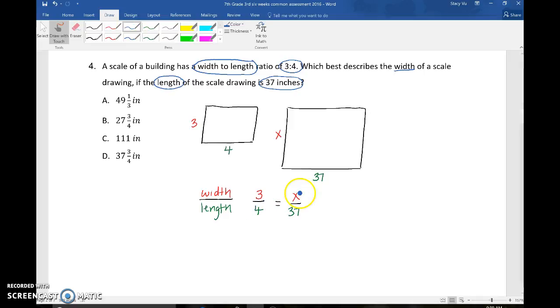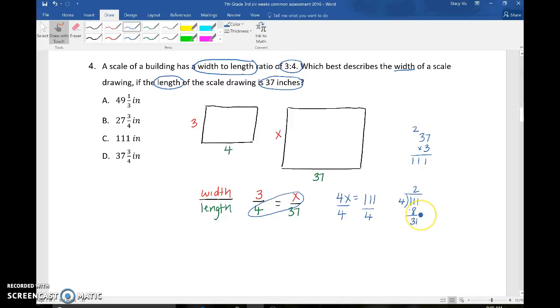So 4x equals 37 times 3. 3 times 7 is 21. 3 times 3 is 9, plus 2 is 11. So 111. Divide by 4. So 111 divided by 4. 2 times 4 is 8. 11 minus 8 is 3.